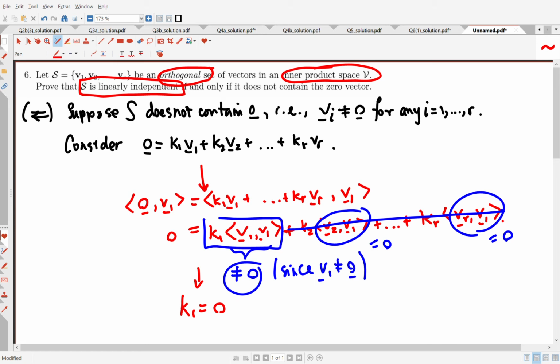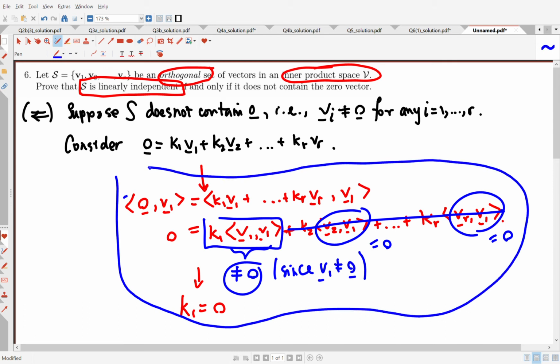And we can do this step j times. I can also take the inner product with v2, with v3, and so on until vr. By doing so, I will get k2, k3, k4 and so on until kr, all of them 0, which is what we desire.